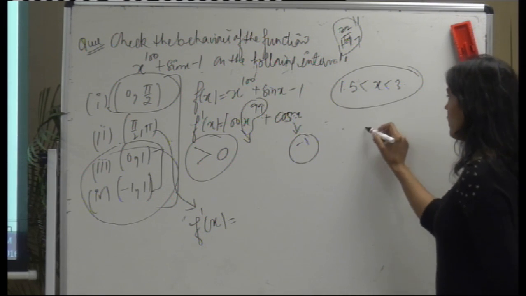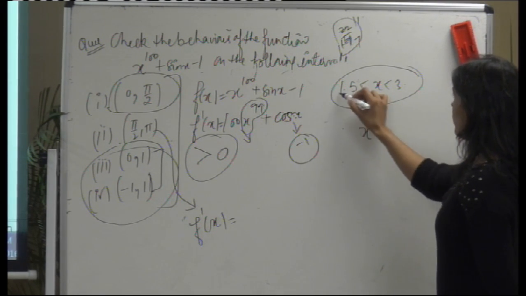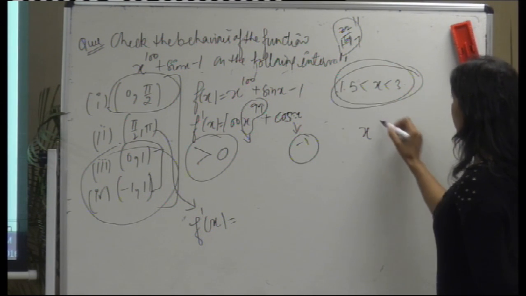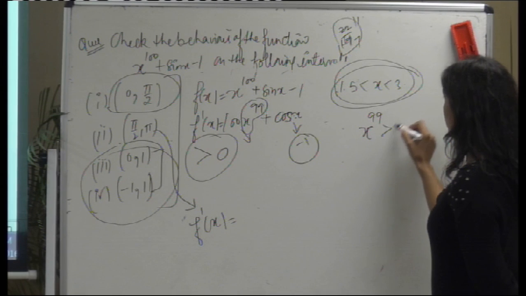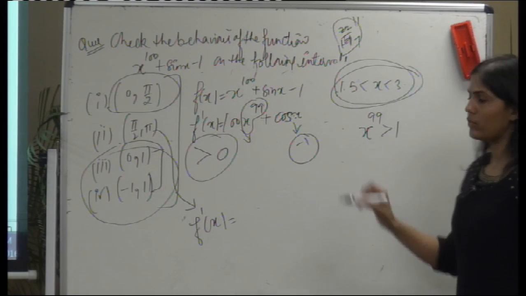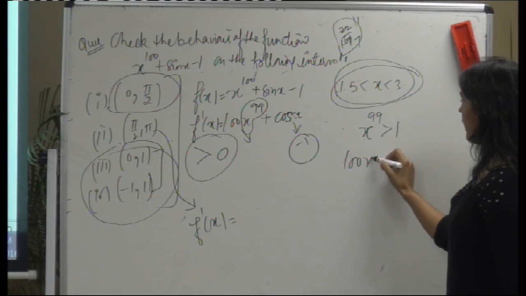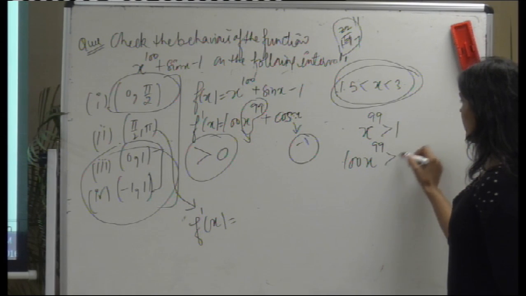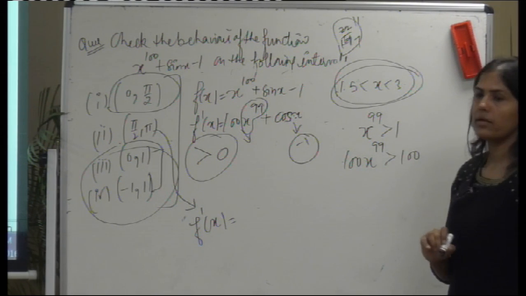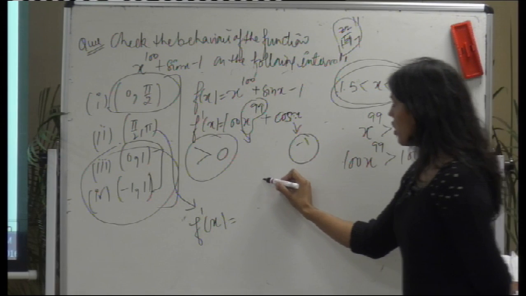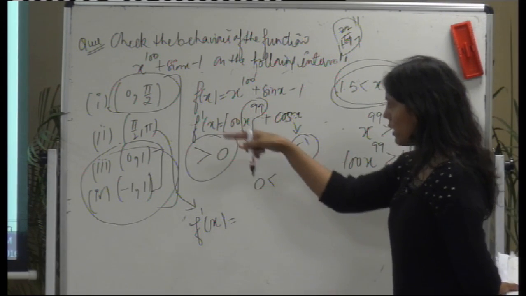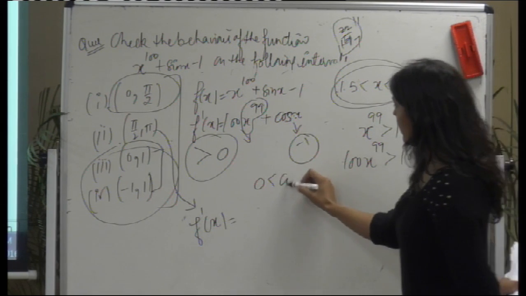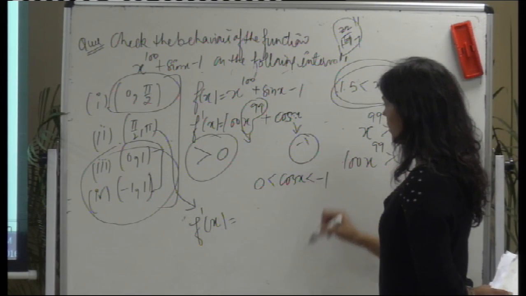What I am doing now, see: x lies in this interval, so x to the power 99 is greater than 1, and 100 x to the power 99 will be greater than 100. The cos value between pi by 2 and pi is 0 at pi by 2, and then at pi it is minus 1.